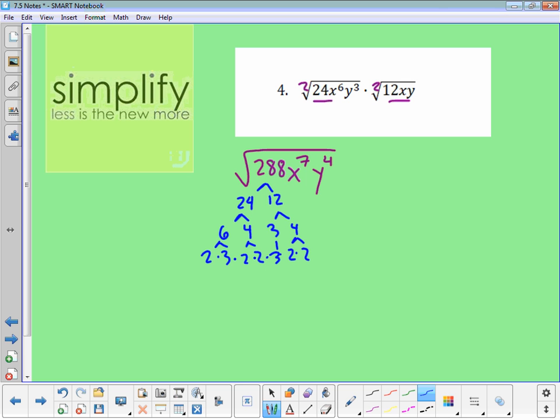Now, for the sake of practice, so that we can kind of see where this is coming from, I'm going to write out the whole long list. I like to put my numbers together. So I have 1, 2, 3, 4, 5 2's, and I have 1, 2, 3's. I have 7 x's.